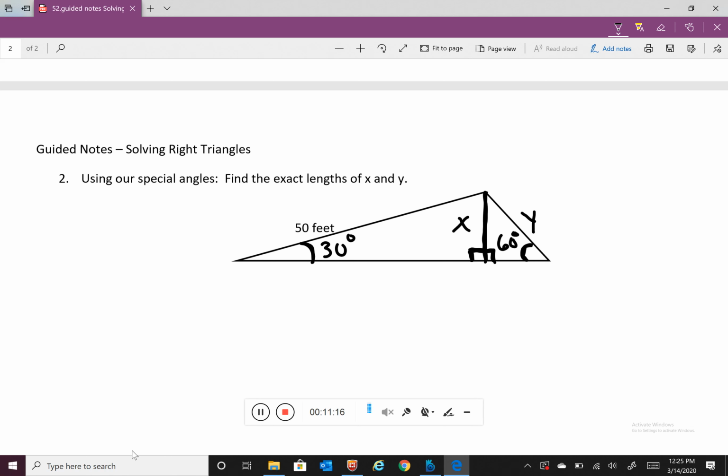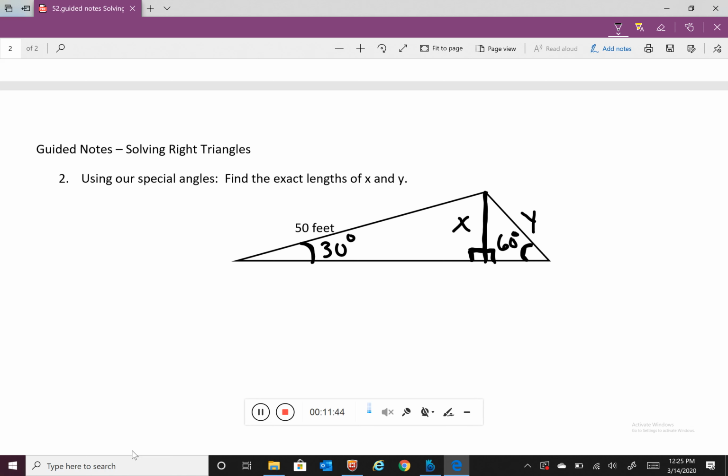And let's take a moment to see what we don't have, but more importantly, what do we have? So opposite the 30-degree angle is X, but we have 50 feet, and that is a known side, but it's not just a side, it's the hypotenuse, isn't it? So notice for 30 degrees, we don't have the opposite side, but we do have the hypotenuse.